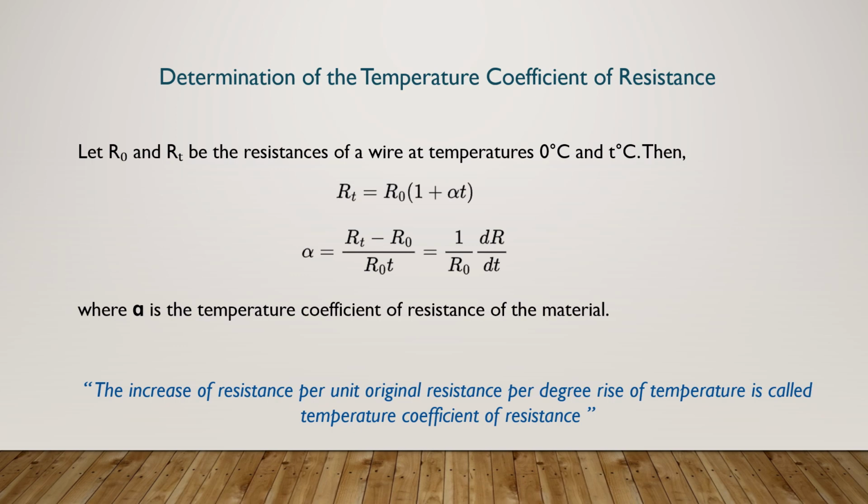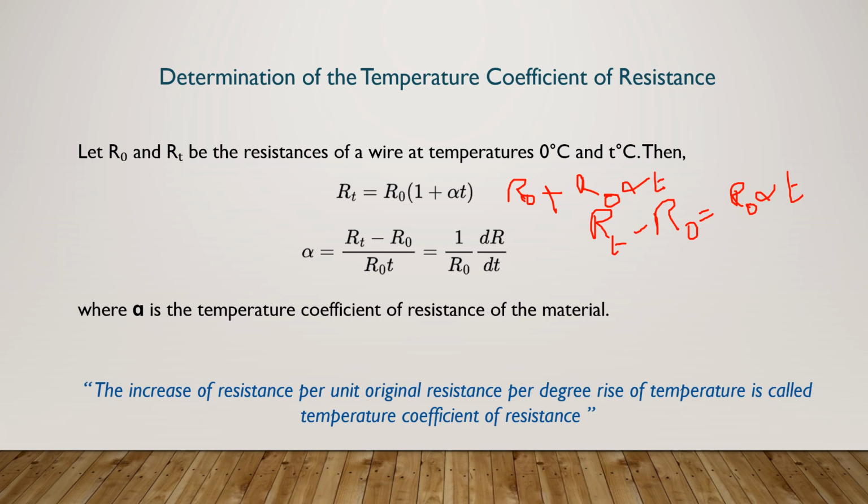From this, we have to determine alpha. Multiplying this out, we have R0 plus R0 alpha T. Taking R0 to this side, we get RT minus R0 equal to R0 alpha T. From this, alpha is equal to RT minus R0 divided by R0 T. This RT minus R0 is nothing but the difference in resistance.